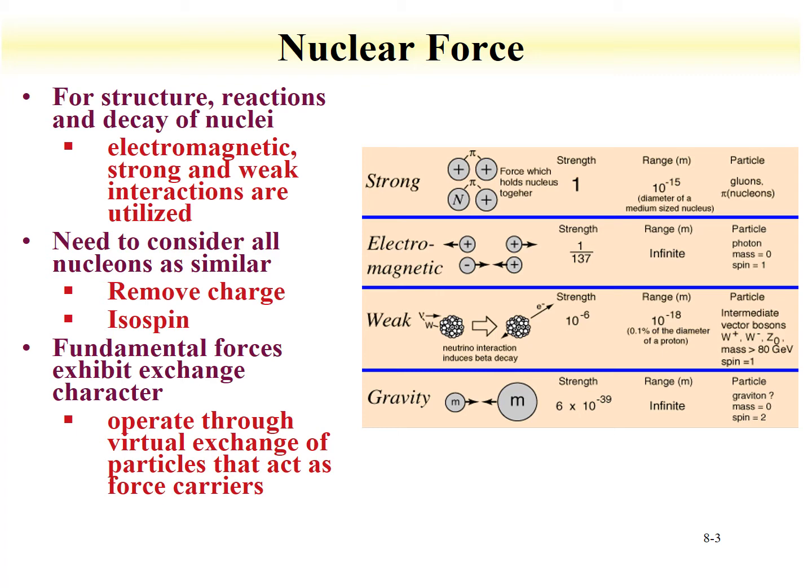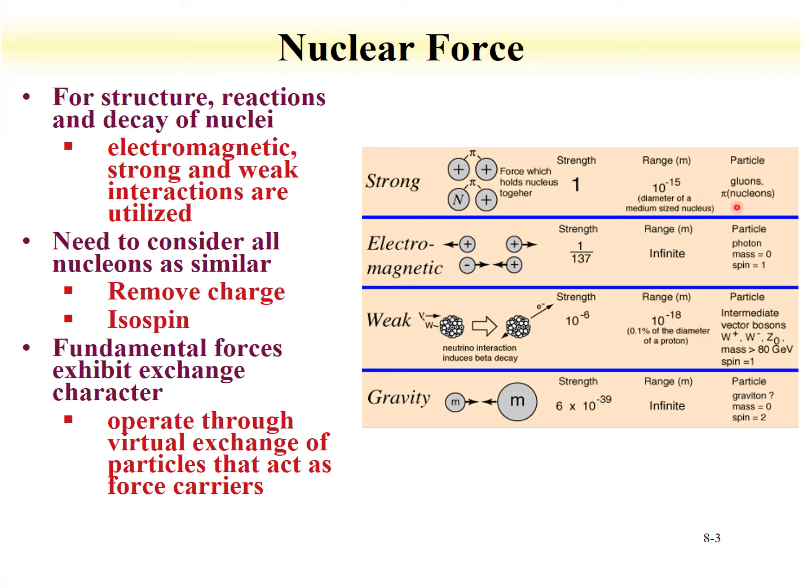These fundamental forces, as we see here, all exhibit properties, and they have virtual particles that act as force carriers. The reason that the strong force is called strong is that, if we look at the relative strengths, it's by far the strongest. Its range is small. It's about the size of a nucleus.